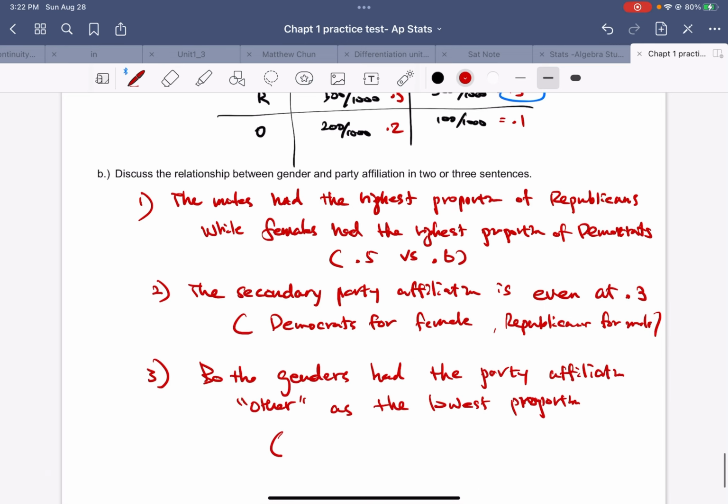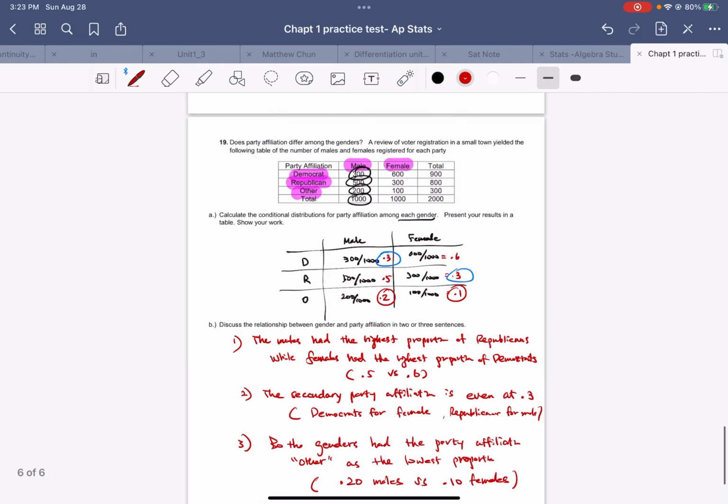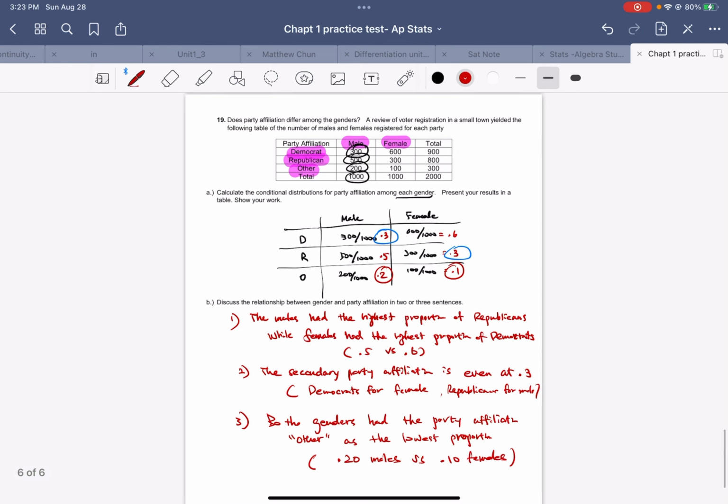So you can look at it, the lowest proportion was 0.20 for males versus 0.10 for females. Okay, so you can write that way. Okay, that's it for this video.